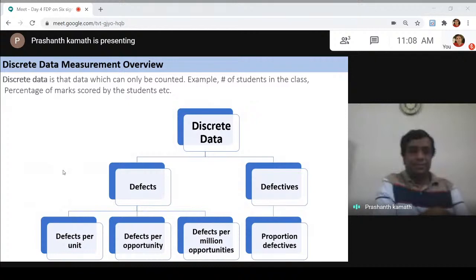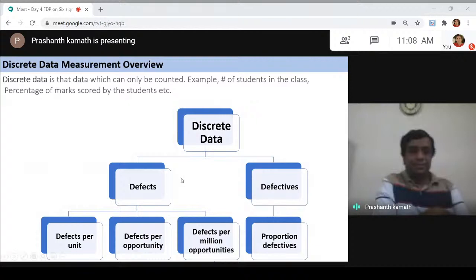Okay, so coming back to the topic, defects. Defects can be measured in three major ways: defects per unit, defects per opportunity, and defects per million opportunity. In fact, the soul of Six Sigma lies here, per million opportunity. Okay, why and how, we will talk about it in a short while.